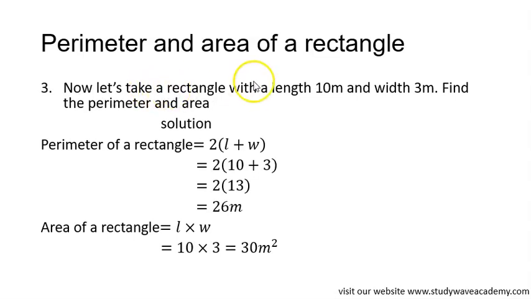Now let's take a rectangle with a length of 10 meters and width of 3 meters. Find the perimeter and area. Remember the formula? 2 brackets open L plus W brackets close. We have L as 10 and W as 3. So we input our numbers into the formula.